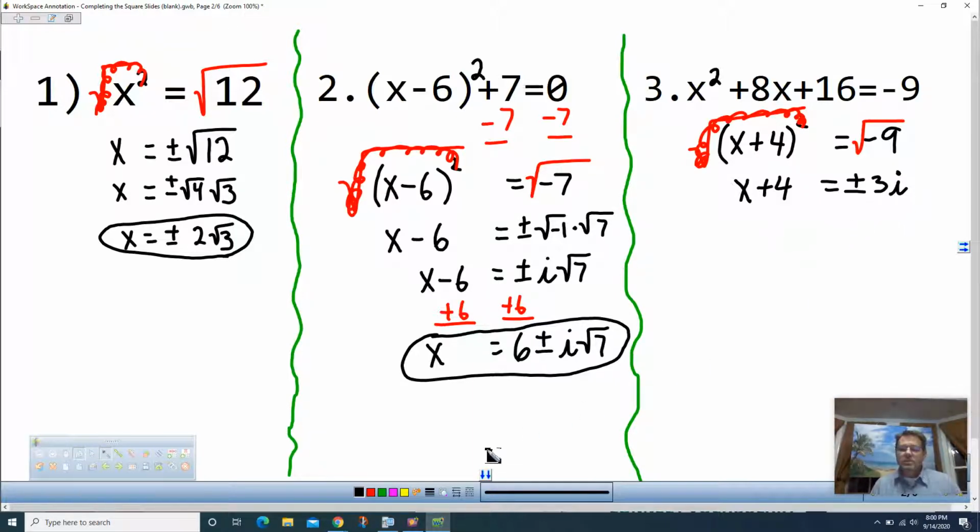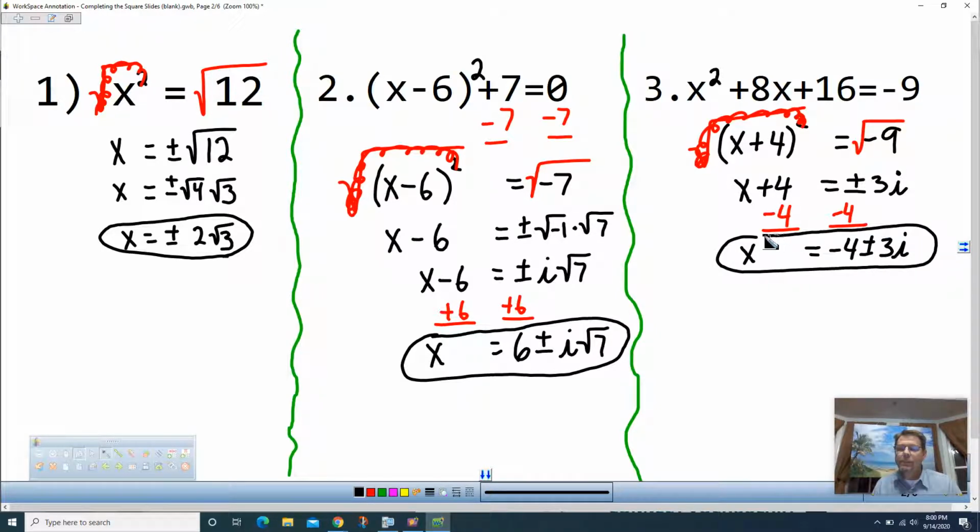All right, and then we subtract 4 on both sides to get x by itself. And so here we go with x. These do cancel. Negative 4 plus or minus 3i. Easy enough? Okay.